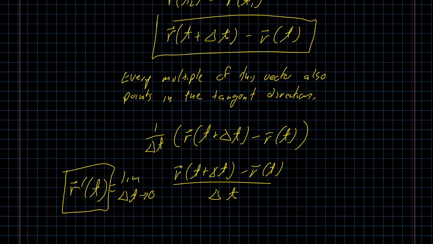That's incredibly convenient. The derivative is going to get us the tangent line for a vector-valued function and a parametric curve the same way it gave us the slope of the tangent line for a function of one variable.